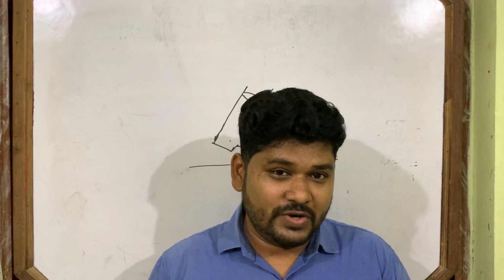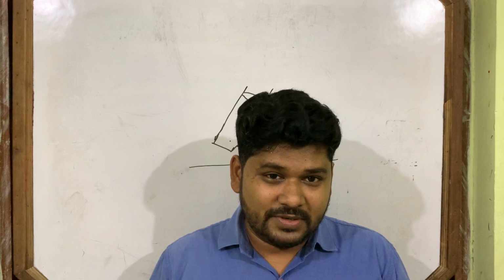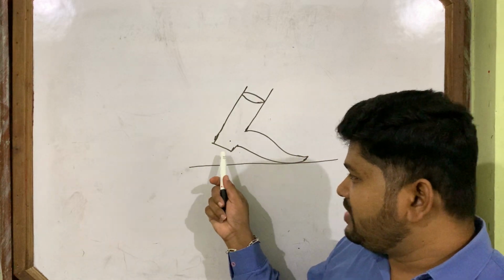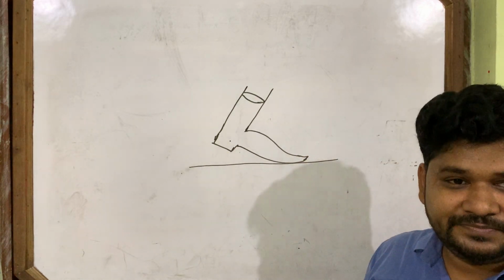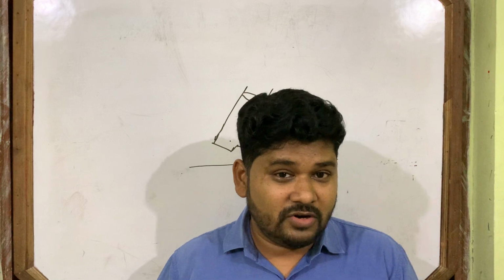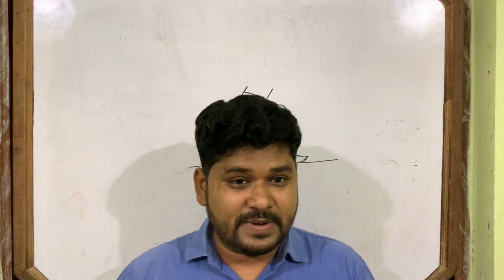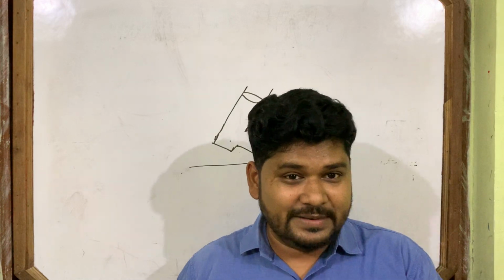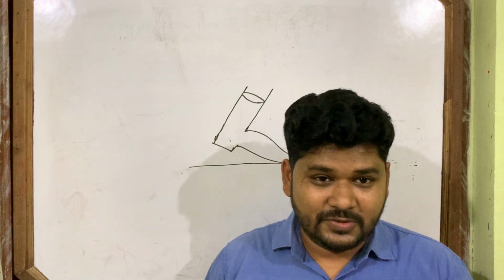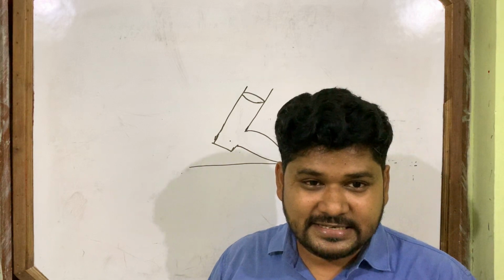Tell me, when you walk, think in slow motion: your foot consists of one heel part and one toe part. When you walk, which part touches the ground first? Your toe or your heel? When you lift your leg and touch it down, which part first touches the ground?